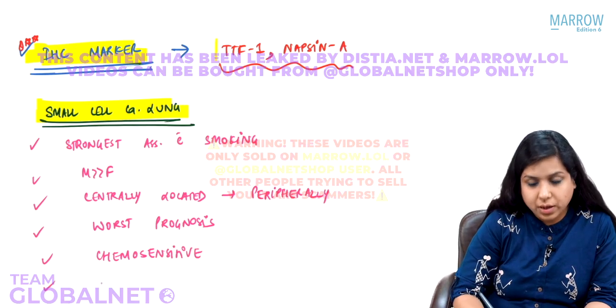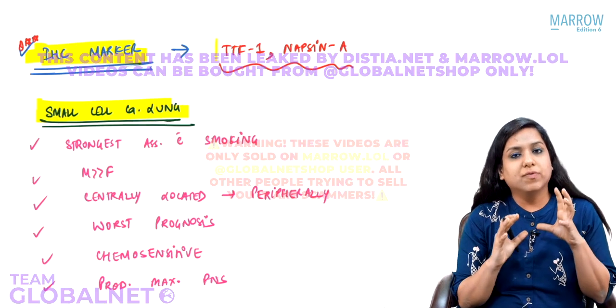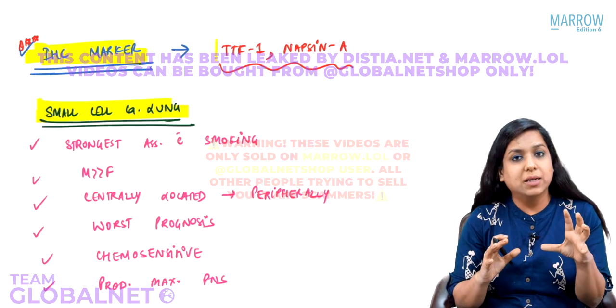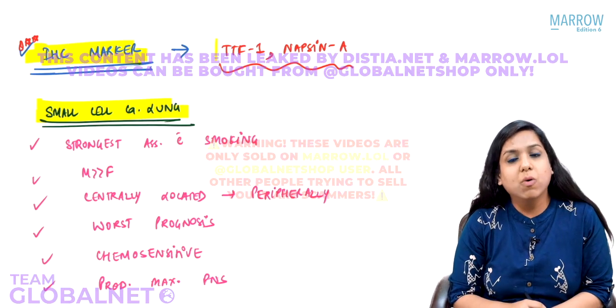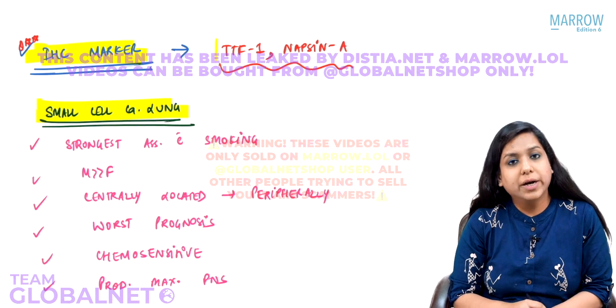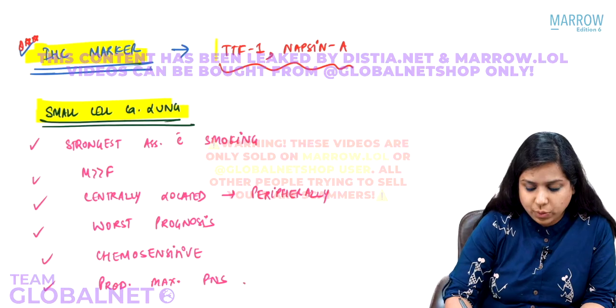Correct? Then it produces maximum paraneoplastic syndrome. Overall in the body, students, if they ask you which cancer produces maximum paraneoplastic syndrome, answer is small cell lung cancer. For example, which ones?